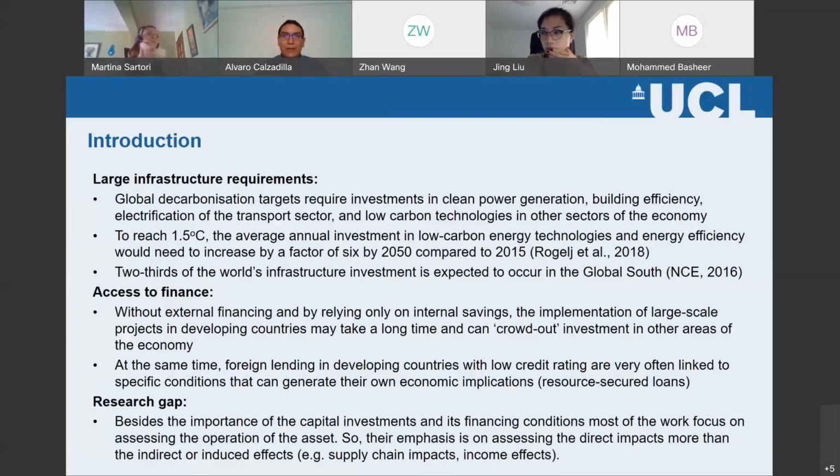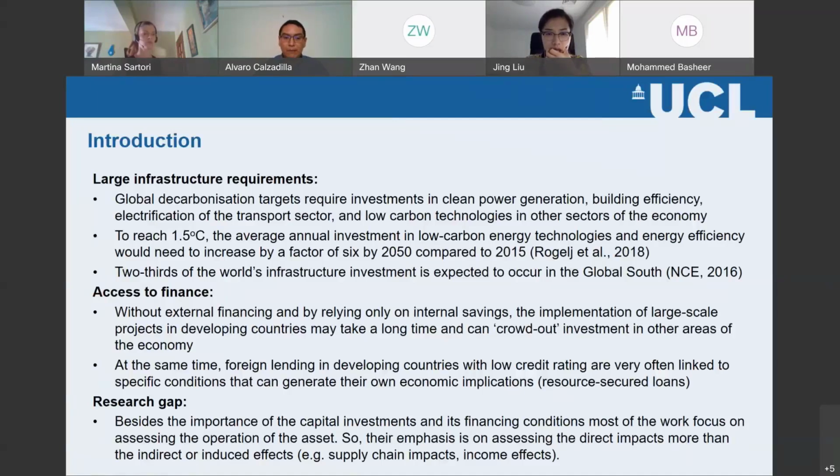So one key aspect to realize these huge investments is the access to finance. Without external financing and relying only on internal savings, the implementation of large-scale projects in developing countries might take a very long time to be completed. And of course, there are also problems about the crowding out effects that it could have in the other areas of the economy.